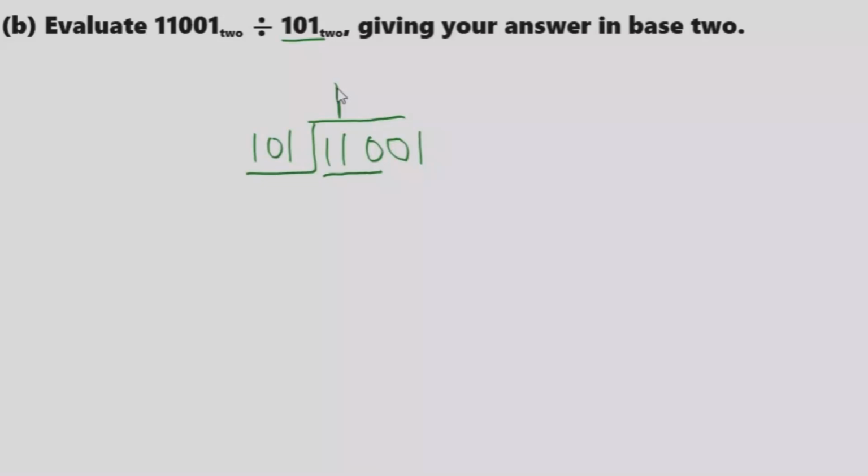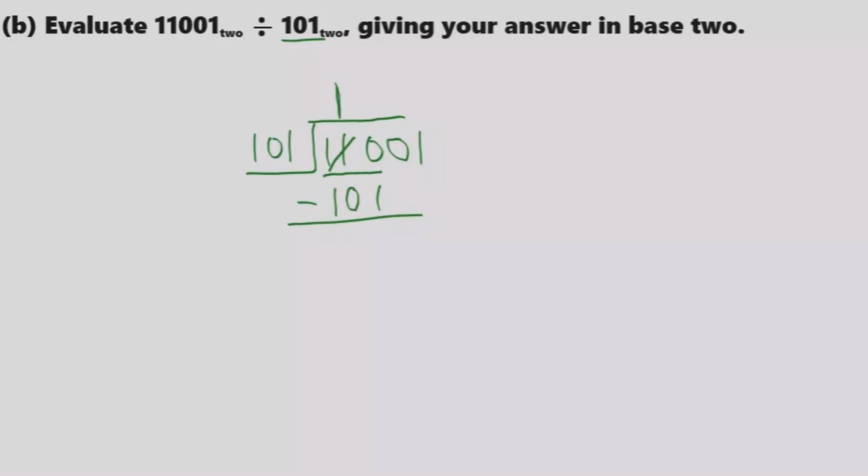Then I multiply 1 times 101, which gives me 101. Then I'm going to subtract. 0 minus 1, it can't, so I'm going to borrow 1 from this one. I'm going to borrow 2.